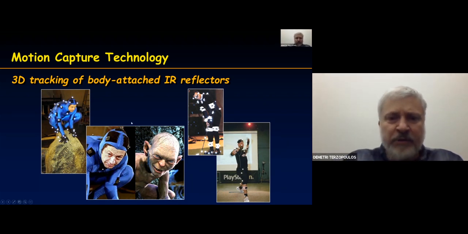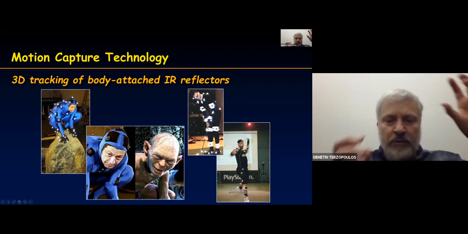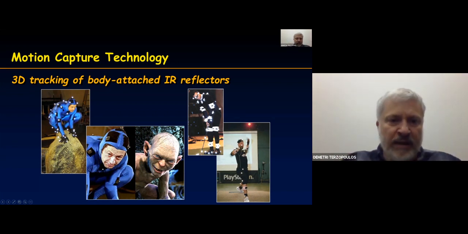These are high-speed cameras, so you can track these markers and fit an articulated skeletal structure, and then interpret the positions of these markers with inverse kinematics, in terms of joint angles of the joints in the body, the bones.